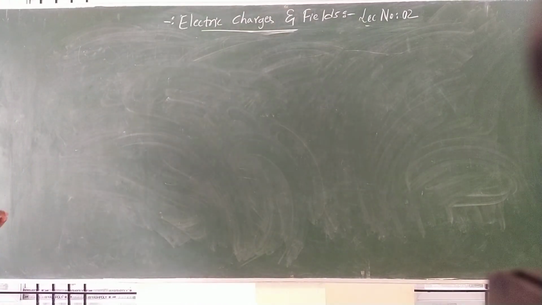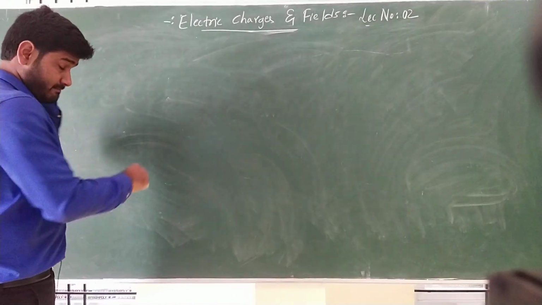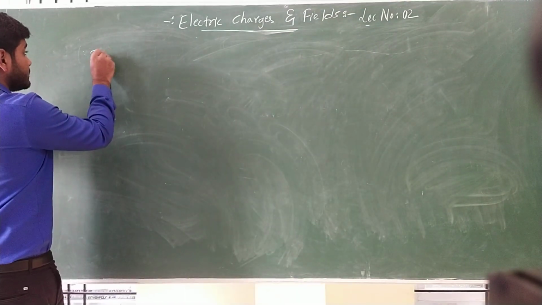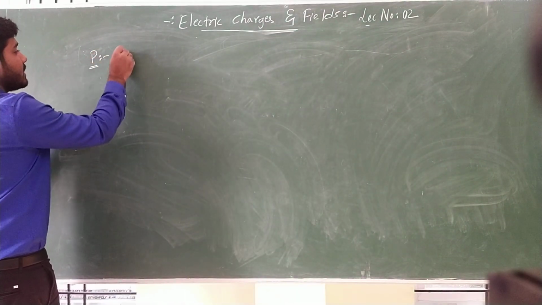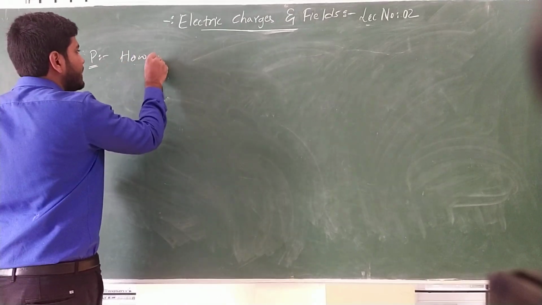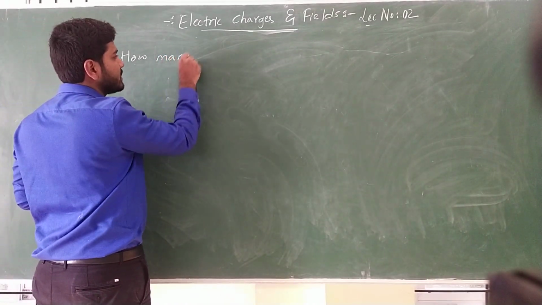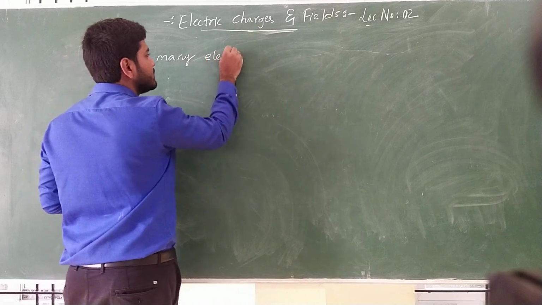Now let's take one problem. How many electrons make 1 coulomb of charge? By using this formula, I can tell this.